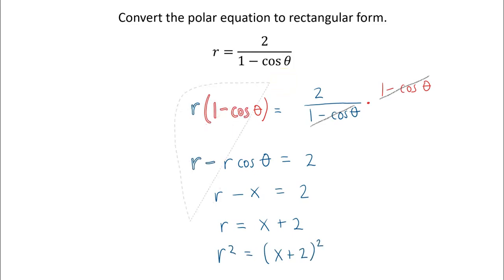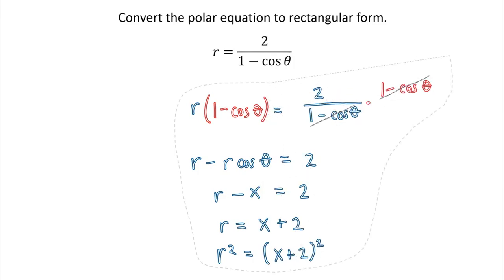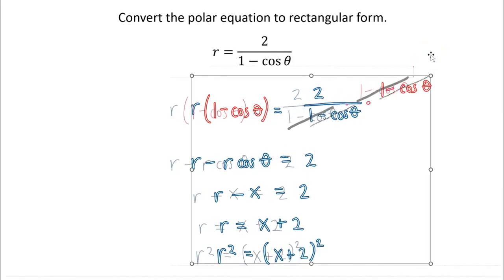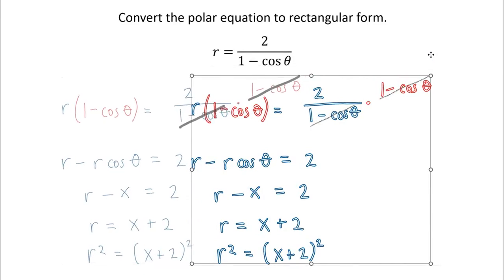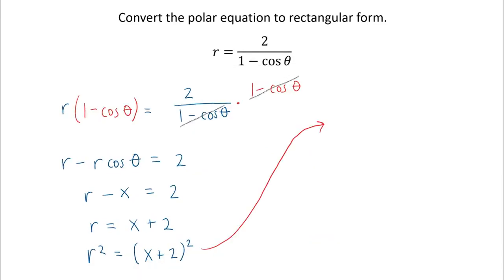And I'm going to need some more room, so let me move all of my work to the left just a little bit. And now on the left side of this equation, we have r squared, which we know is x squared plus y squared. And that's equal to x plus 2 quantity squared on the right.